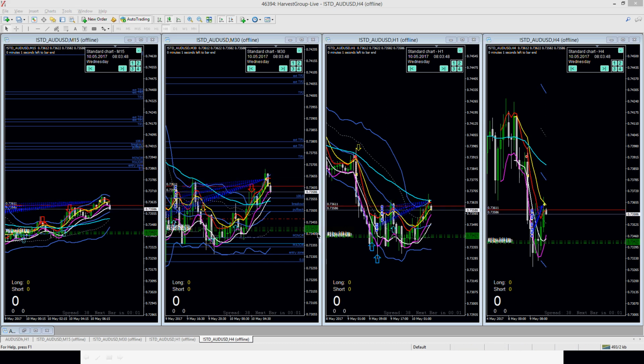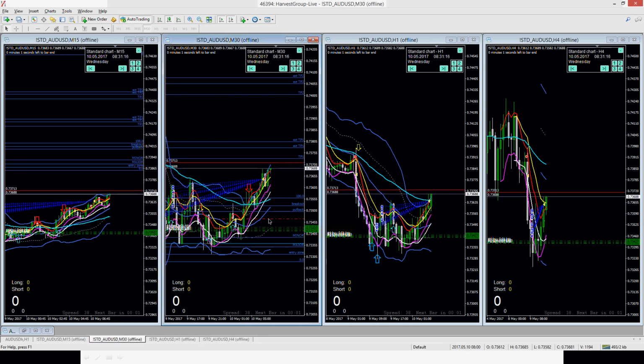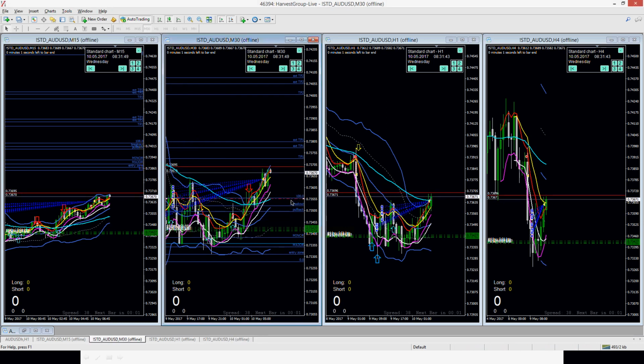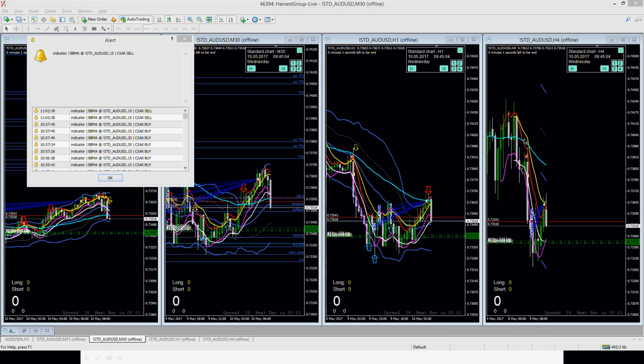So there's a possibility of re-entry sell on a H4 level. Okay, so let me check. Okay, there's a re-entry by an M30. So in this sense, I will move my stop loss over here, because there's a re-entry buy over there. So I will just hold my position.